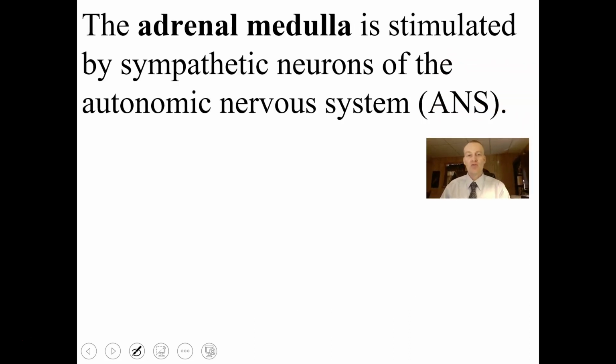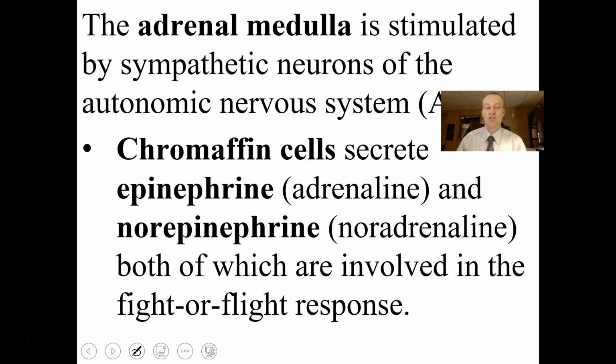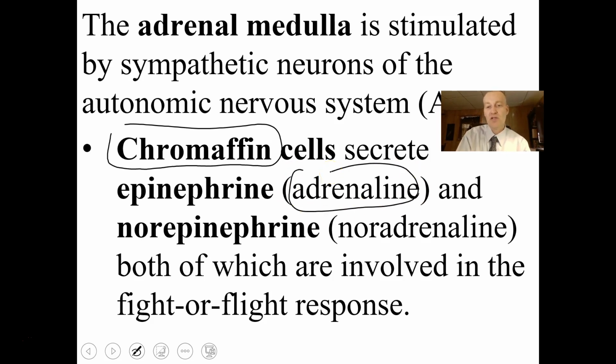The adrenal medulla is going to be stimulated by the sympathetic neurons of the autonomic nervous system. So sympathetic stimulation of the medulla is going to cause the secretion of epinephrine and norepinephrine. These chromaffin cells are going to secrete epinephrine, also known as adrenaline, and norepinephrine, also known as noradrenaline.